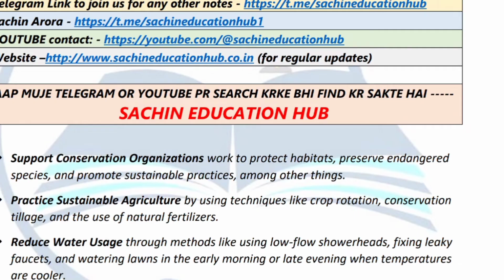It will help in producing more in the future, and people will focus on sustainable agriculture. Natural resources will be conserved very easily once agriculture is sustainably used by using techniques like crop rotation. So this is another ethical practice.